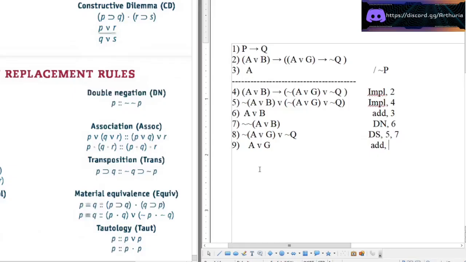Add of 3 again, 10, the exact same trick, not A or G, right here. Sorry, I got a little bit ahead. Double negation of 9. Then 11 will be not Q, right? Through disjunctive syllogism again.